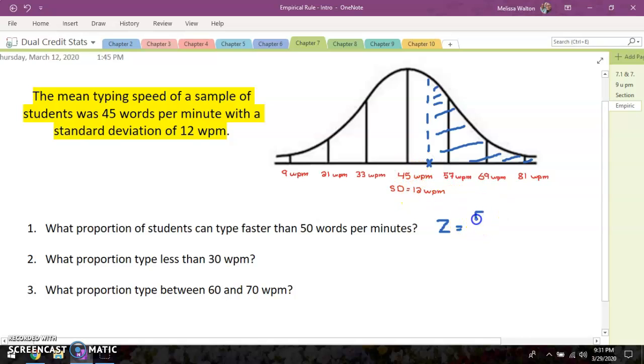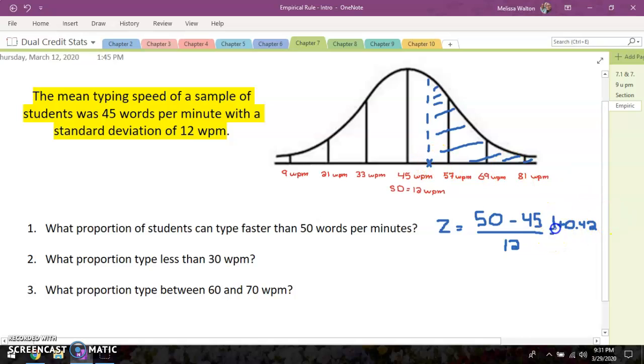The value that we've been given is 50, my mean is 45, and I divide by my standard deviation, 12. That is 5 divided by 12, which comes out to be positive 0.42. And that is my z-score. That tells me that even though this isn't a perfect 1 standard deviation above, this is 0.42 standard deviations above.